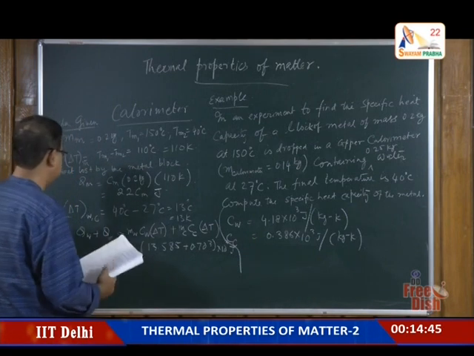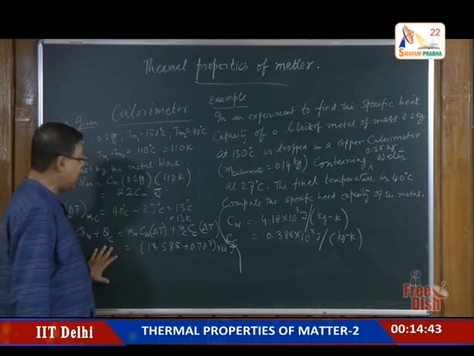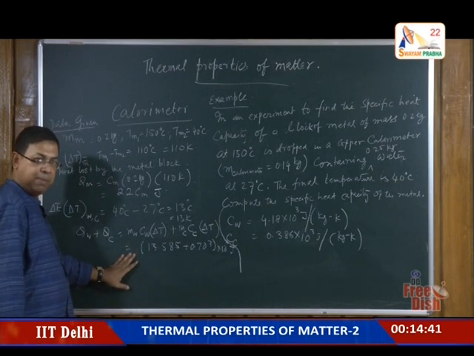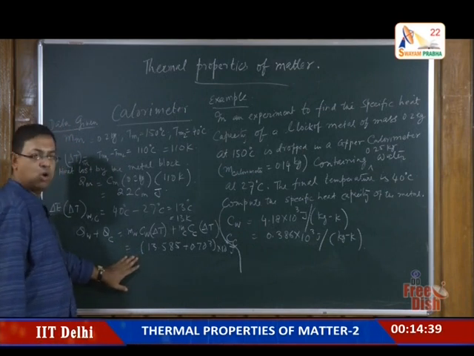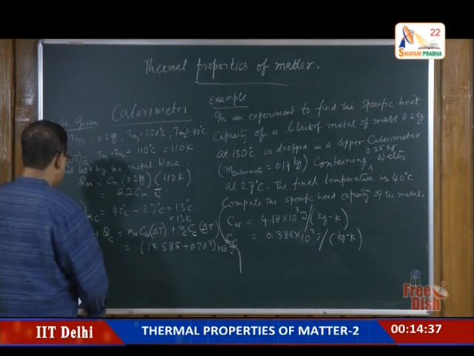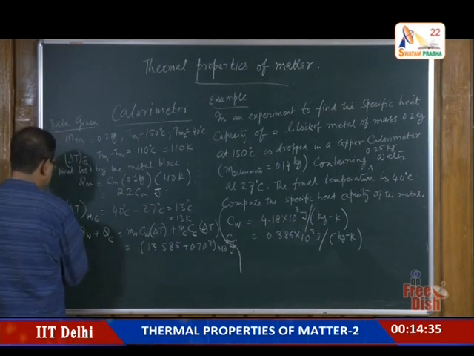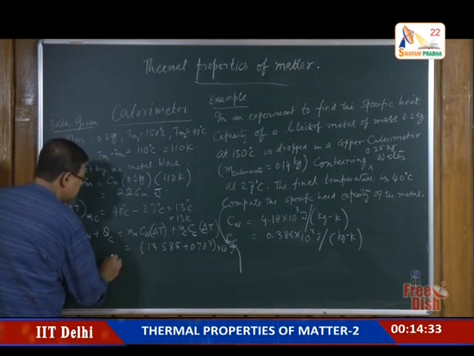So this is the heat gained by the water that is kept in the calorimeter and the copper calorimeter itself. Let's call this Q total, QT.